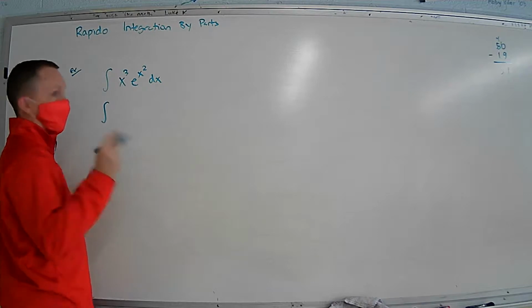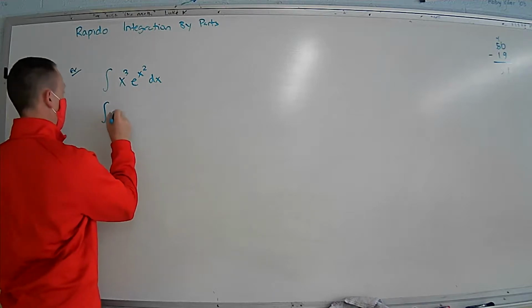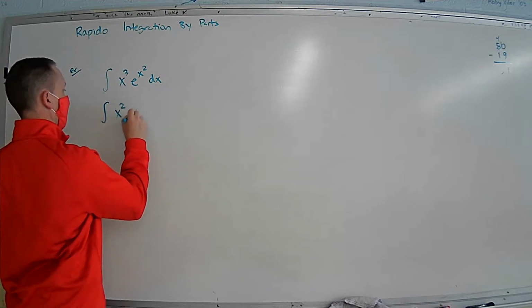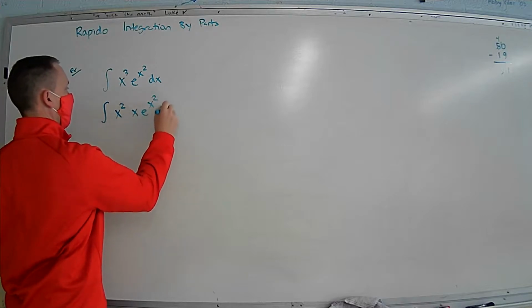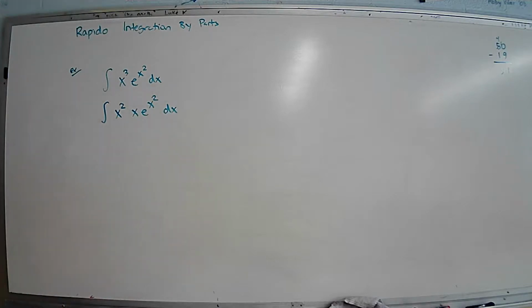I'm going to borrow an x. I renamed x cubed as x cubed times x. Why would I do that? I'm sorry, x squared times x.